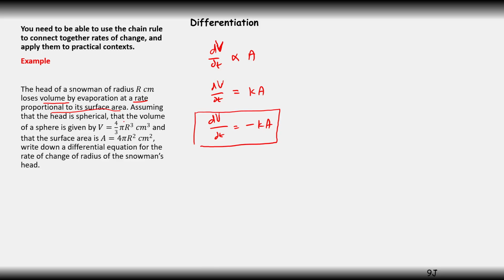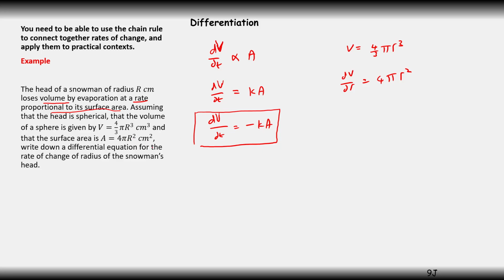And then it says, assuming that the volume is given by V equals 4 over 3 pi r cubed, so V is equal to 4 over 3 pi r cubed. That means the rate of change of the volume with respect to the radius, dV by dr, is equal to 4 pi r squared, when multiplied by 3. And the surface area A is 4 pi r squared.